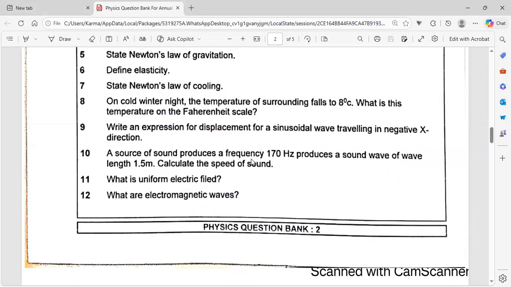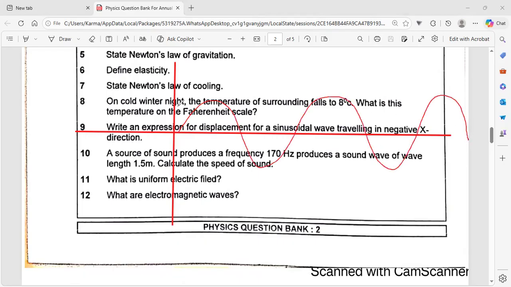Write an expression for the displacement of a sinusoidal wave traveling in the negative x direction. Let's do this. X-axis, y-axis. A sinusoidal wave traveling along the negative direction.